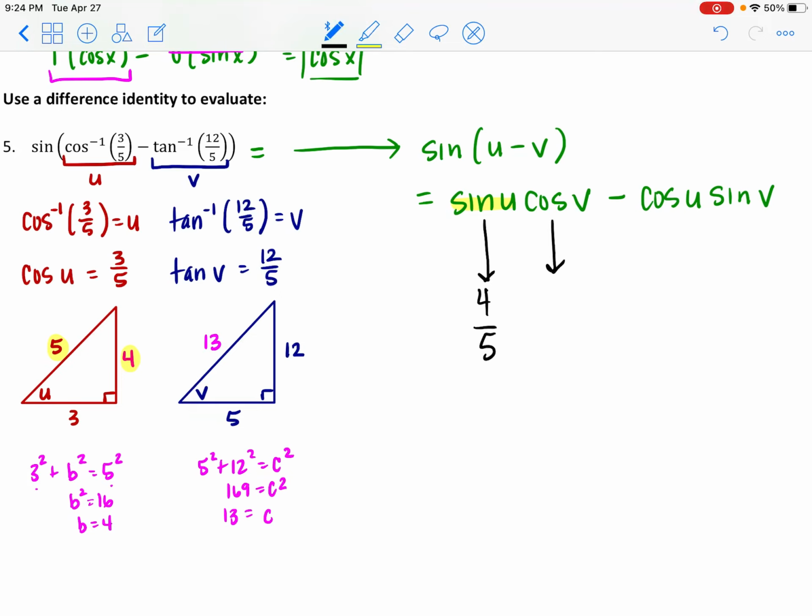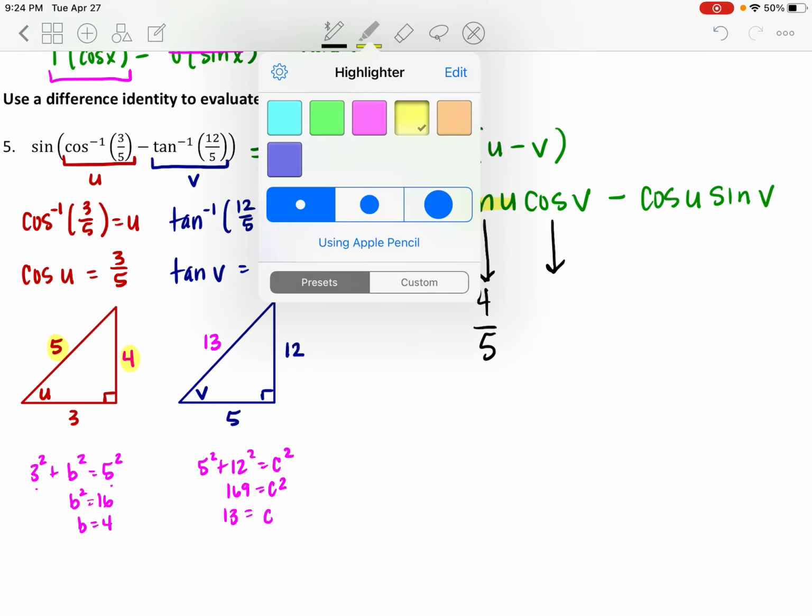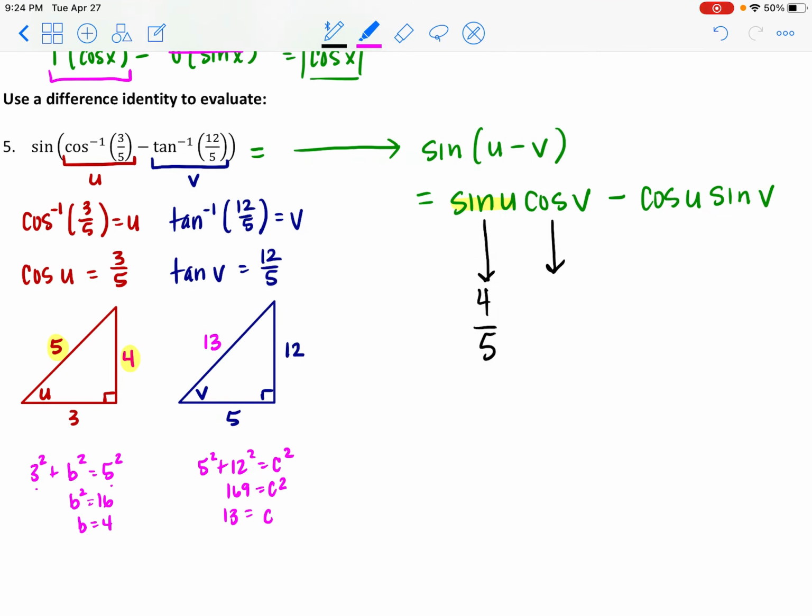The cosine of v. Let me use another color here. I'm going to go over here to angle v. Okay, the cosine is a ratio of the adjacent side over the hypotenuse, which means cosine of v is going to be 5/13. So those two things get multiplied, and then minus the cosine of u.